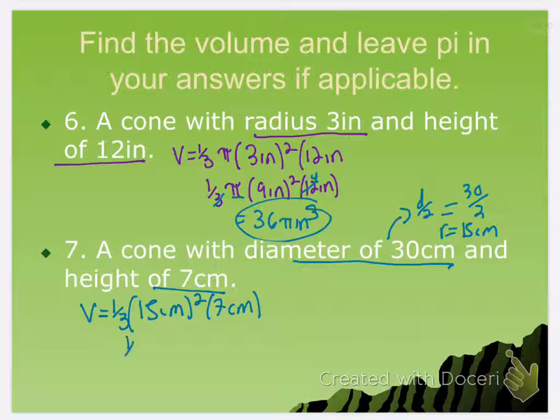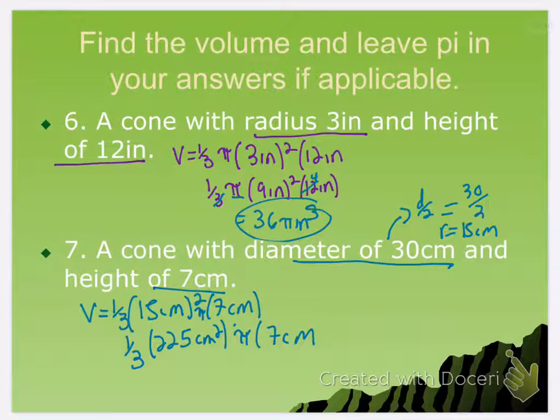I forgot my pi, so let's put a pi right here. Times 225 centimeters squared, pi times 7.